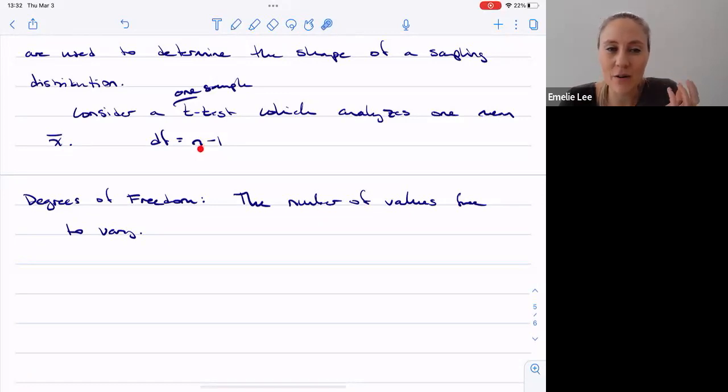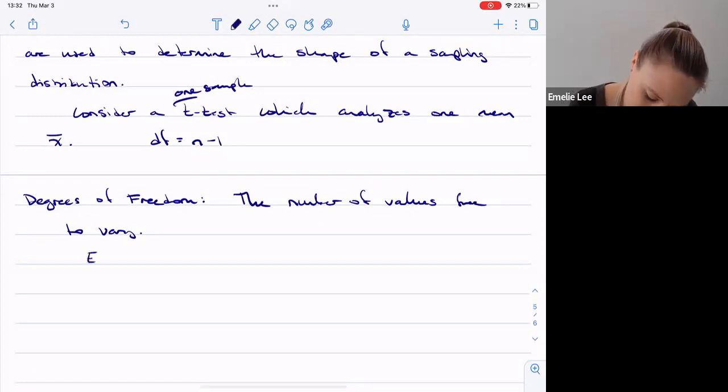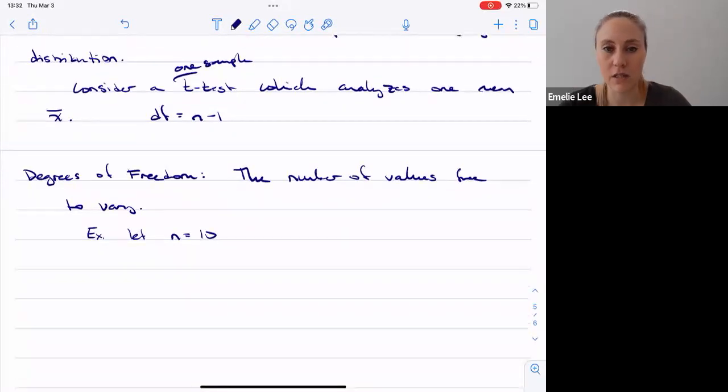Well, if I have the average of 10 values, so let n equal 10, I have 10 values. And if we know x bar, then the first 9 values, 10 minus 1, are allowed to be whatever they want, right? But if I have to arrive at a certain x bar, then the 10th one is fixed. It has to be whatever forces that average to become what we've said it's going to be.